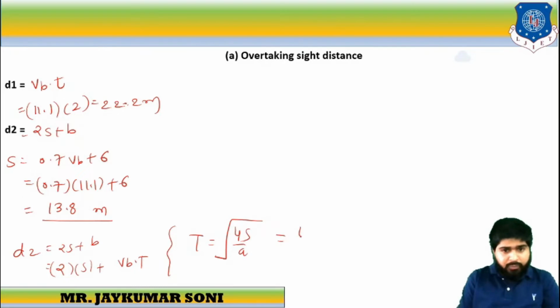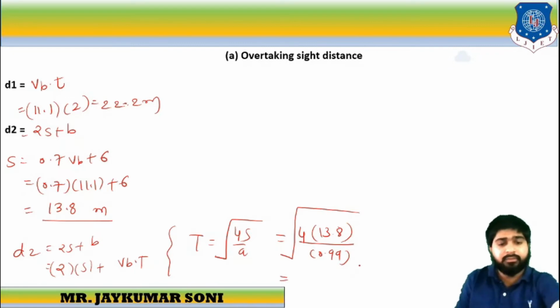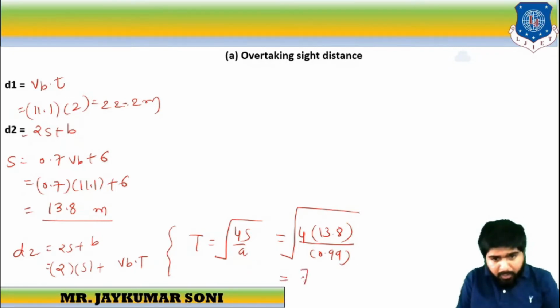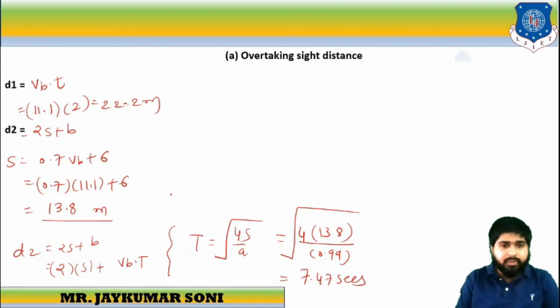Do we have the value of s? Yes, s is 13.8. Do you have the value of a? Yes, it is 0.99, which is given in your example statement. And this T will be 7.47 seconds. So we have to put this value over here.